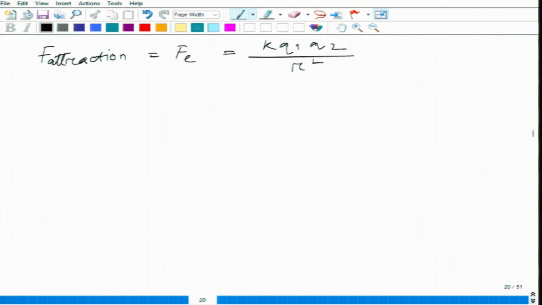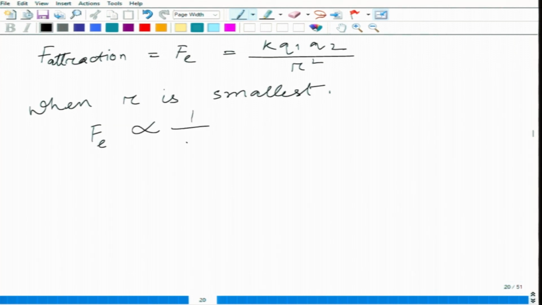So, when R is smallest, from this equation what do we see? Fe is inversely proportional to R square.